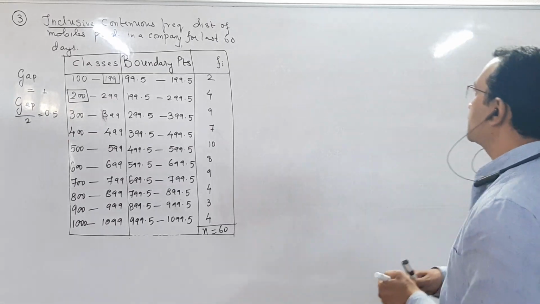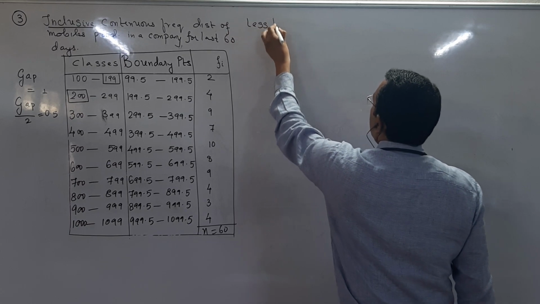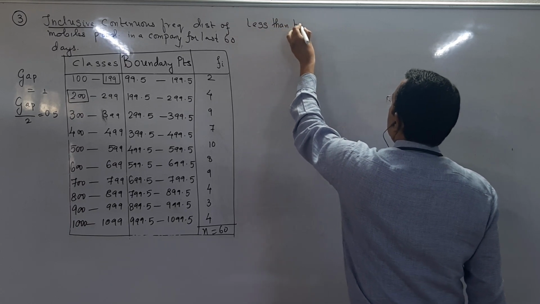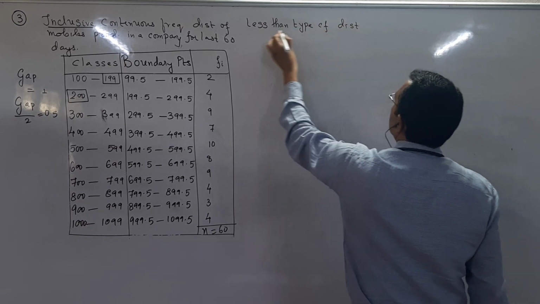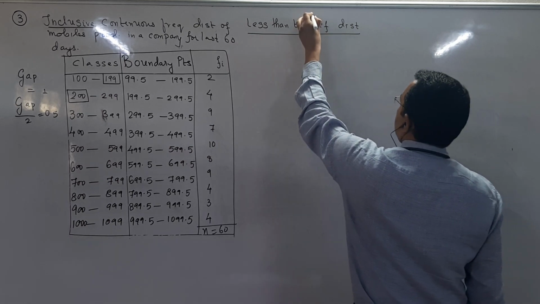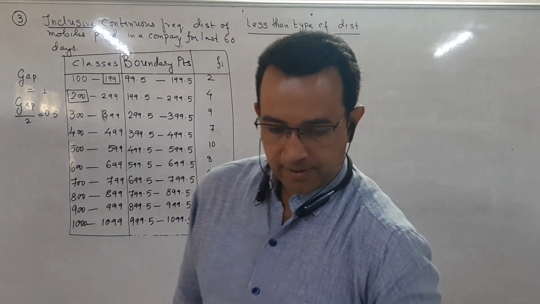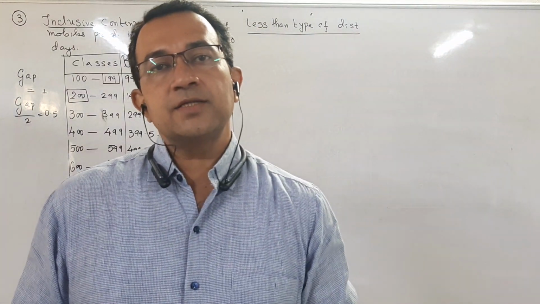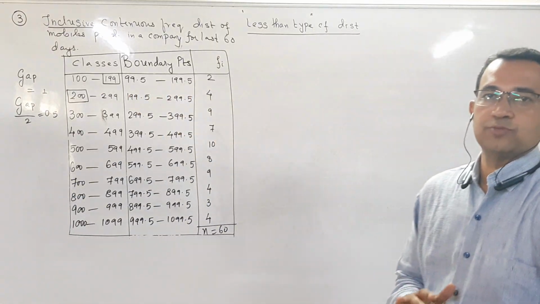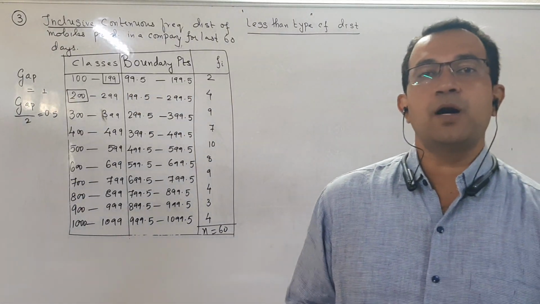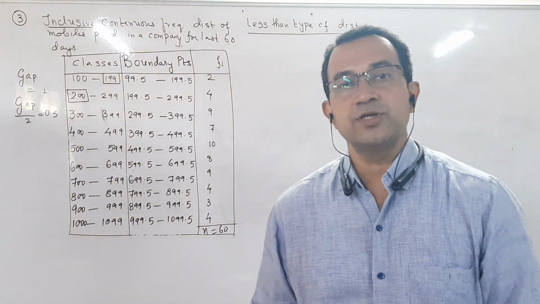Now we have two types of cumulative frequency distributions. First title, less than type cumulative frequency distribution. This you put in inverted commas. So here the first column will be number of mobile phones less than or equal to upper boundary point, because in less than type, which boundary point do we use?